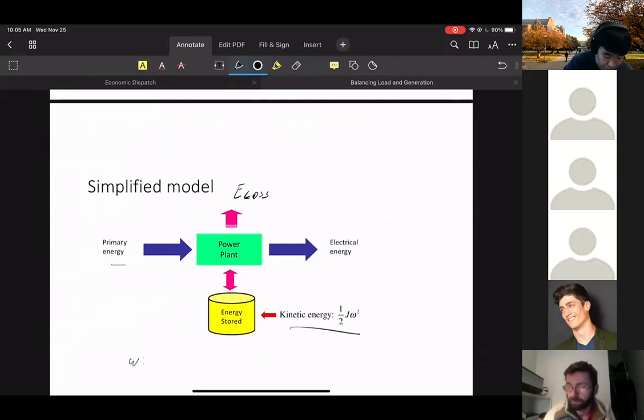And this omega you can think of as the deviation from 60 hertz, times 2 pi. If omega is at 60 hertz, you can think of that as steady state. Nothing is being stored because that is the nominal operating condition. But whenever the frequency goes away from 60 hertz, that means there's a little bit of storage in the system, right? That's the net change in energy being stored in the generator.